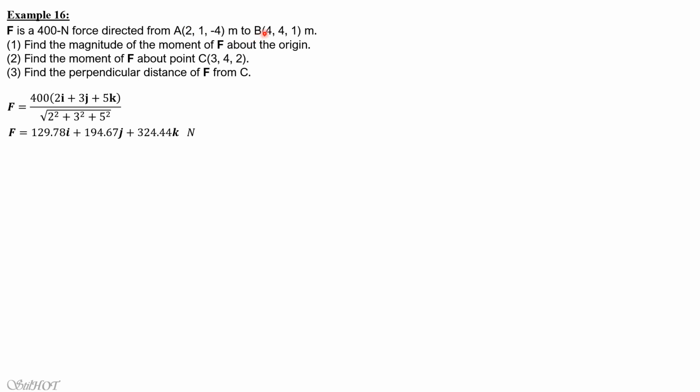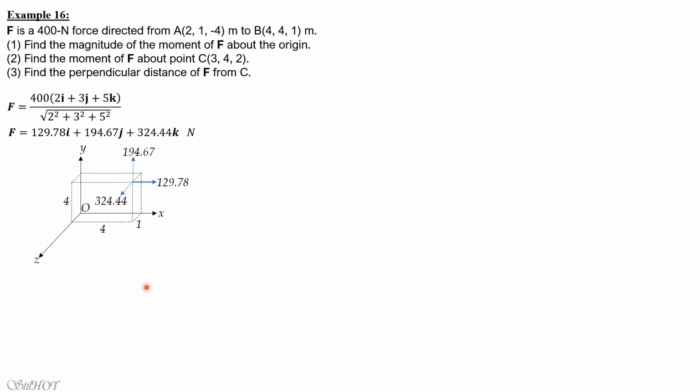It may be at A or at B. Because the coordinates of B are all positive, I'll place the force and its components at point B. If this is the first octant, we have the coordinate system, and imagine a box with dimensions 4 along X, 4 along Y, and 1 along Z. This should be point B here, and the components of force are right, up, and forward: 129.78 to the right, 194.67 upward, and 324.44 forward, in newtons. And these are the components of distance.